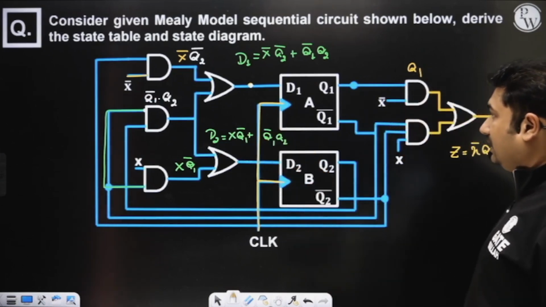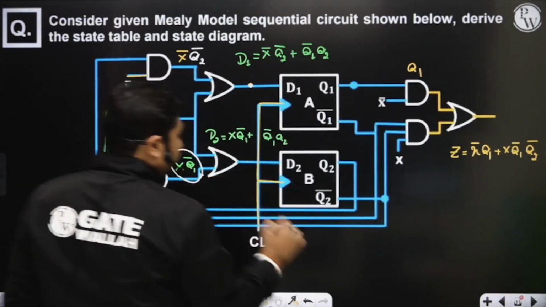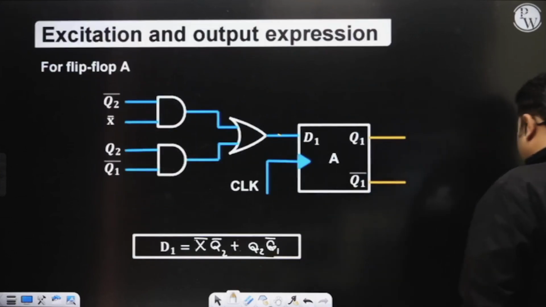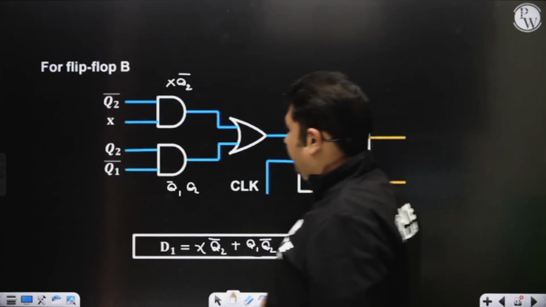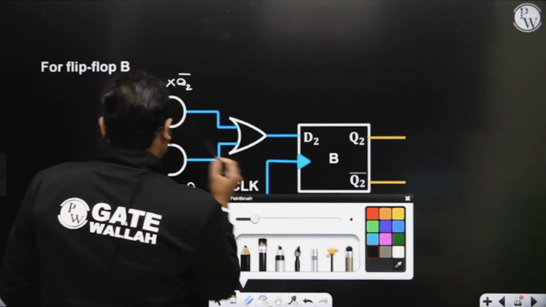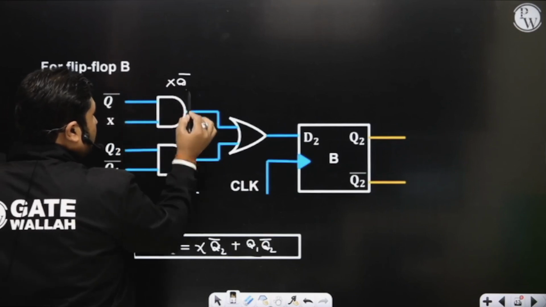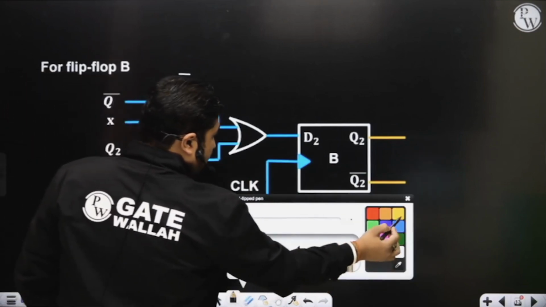There is a little mistake I have made. That is x Q1 complement, it is not x Q2 complement. So in flip-flop B, this is x Q1 complement. My typist made a mistake here while writing Q2. Please make it Q1.